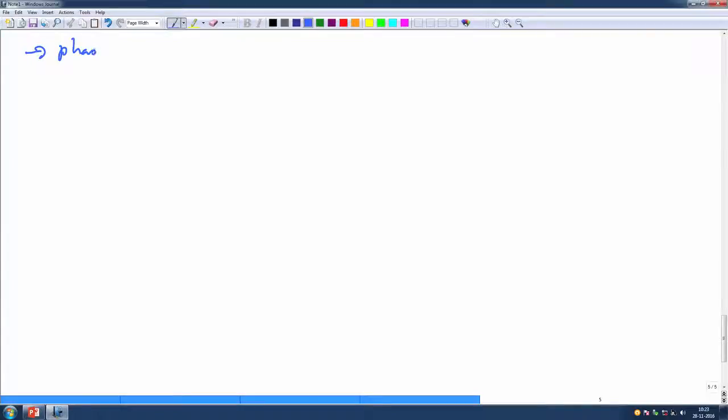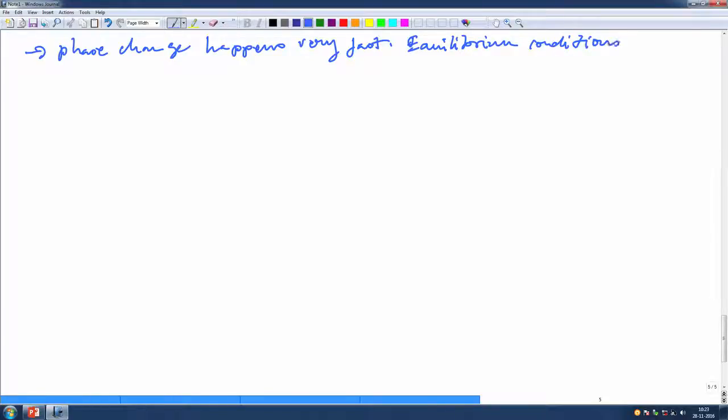Therefore we assume that equilibrium conditions prevail.